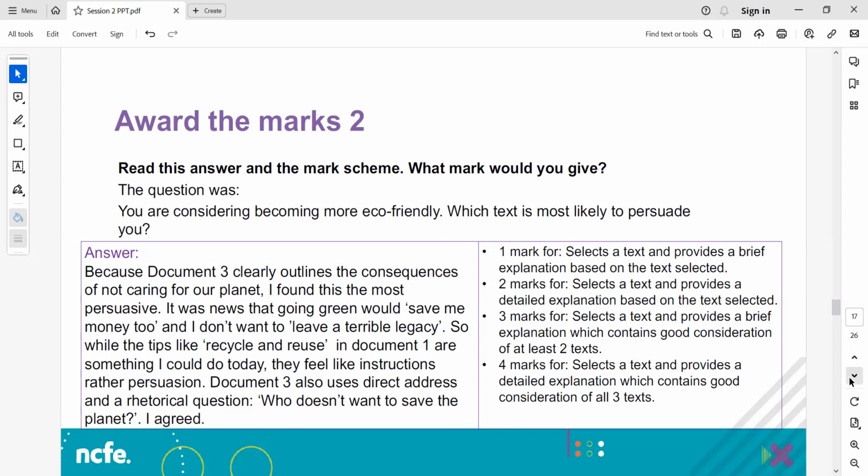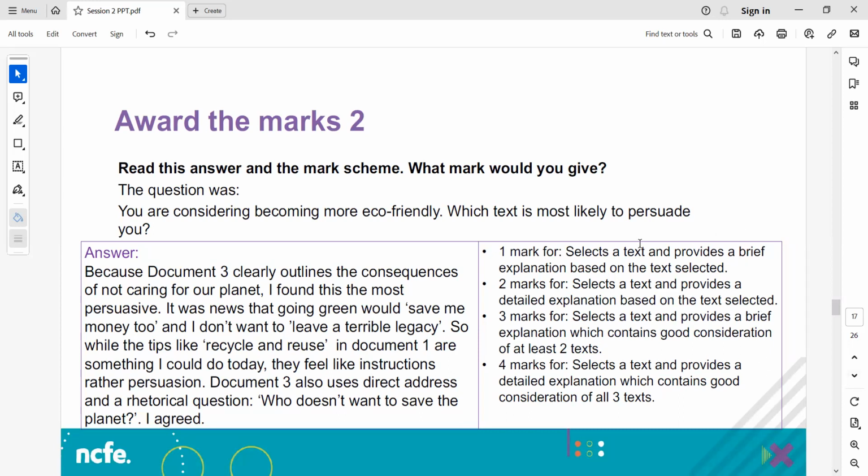I found this the most persuasive. It was news that going green would save me money too, and I don't want to leave a terrible legacy. While the tips like recycle and reuse in document 1 are something I could do today, they feel like instructions rather than persuasion. Document 3 also uses direct address and a rhetorical question. Who doesn't want to save the planet? I agreed.